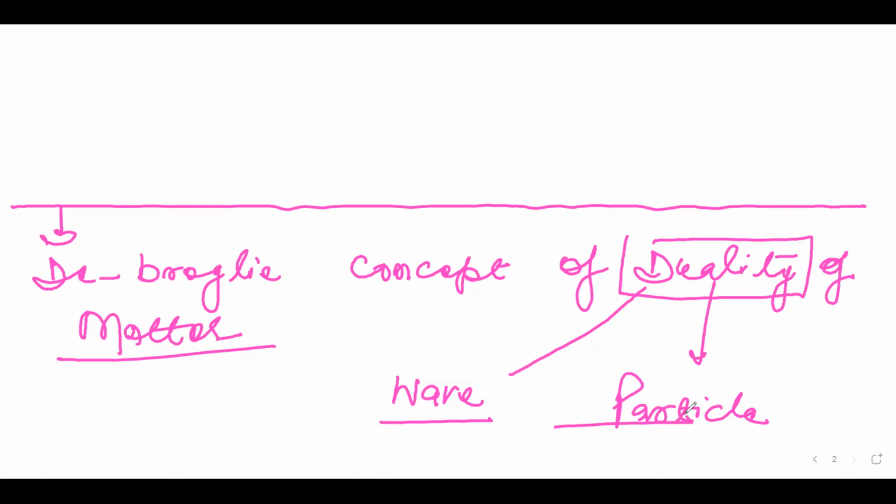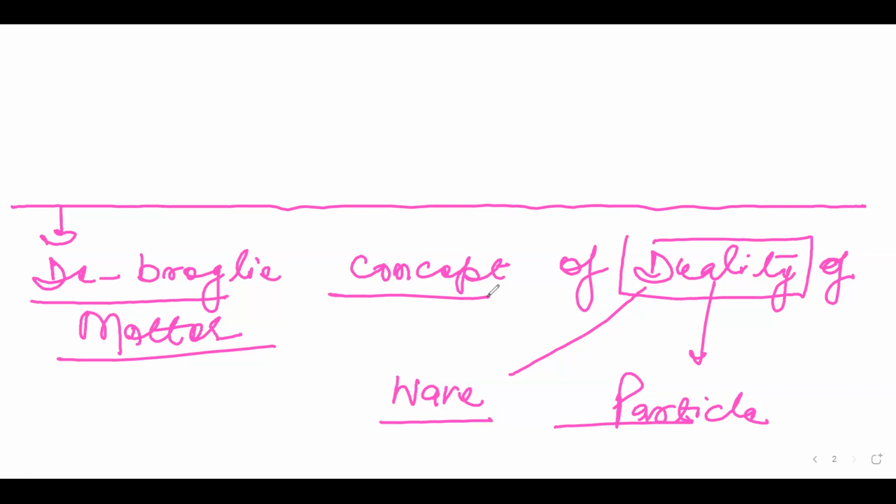So let us start with it. Everybody has written it. De Broglie concept. Excuse me, sir, should we write it under developments? Yes, developments is the major heading, and under that major heading, subheading A is the de Broglie concept of duality of matter. Okay. Right?